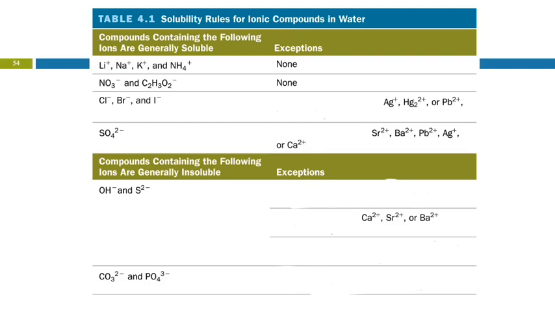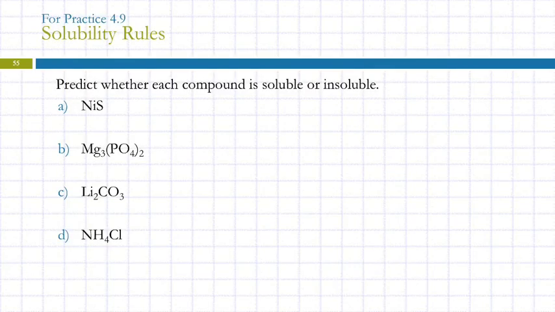We've got sulfide, right? It's nickel 2 sulfide. Nickel 2 sulfide, generally insoluble except with those three guys. Nickel is not one of the exceptions. So we're going to predict that NiS is insoluble. Oh, trying to write with a white marker. Doesn't show up very well.